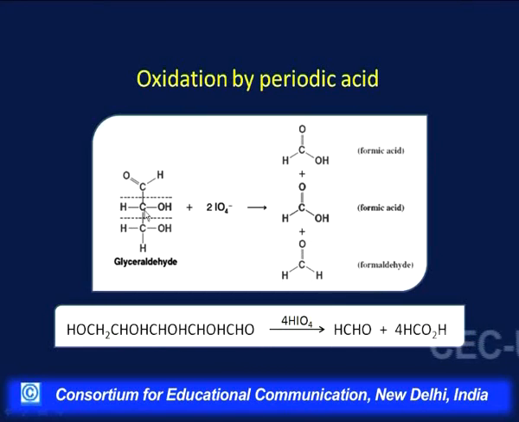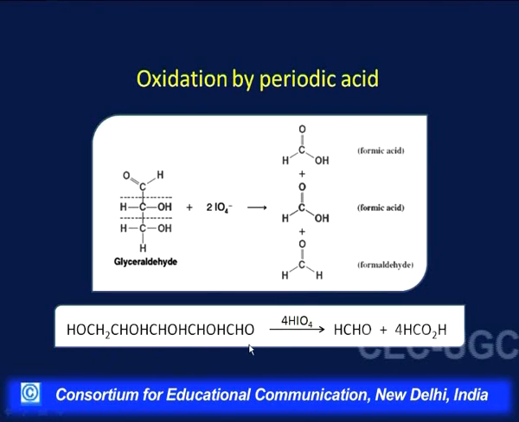This carbon will get 1 hydroxyl from this side, 1 hydroxyl from this side, will eliminate a water molecule and will be converted into a molecule of formic acid. So, glyceraldehyde on oxidation with periodic acid will give us 2 molecules of formic acid and 1 molecule of formaldehyde.